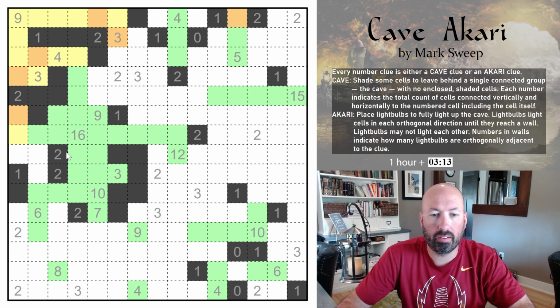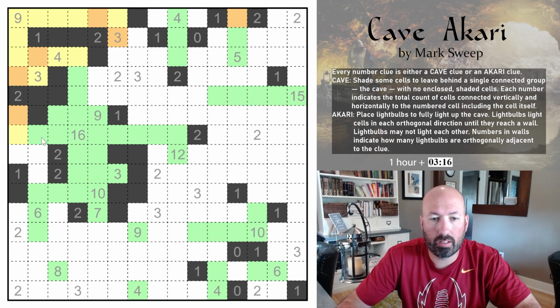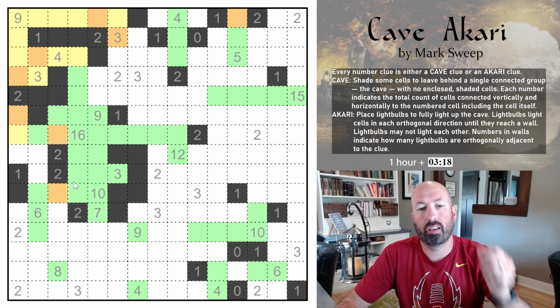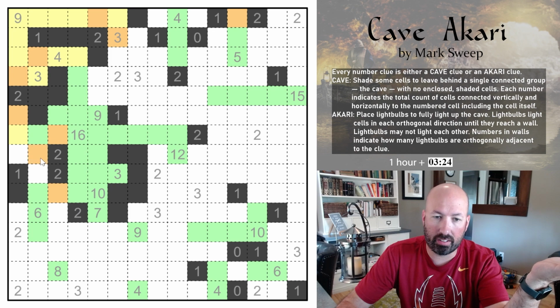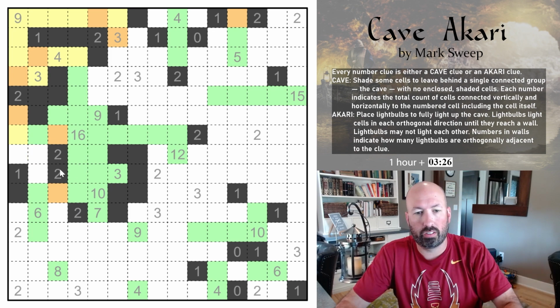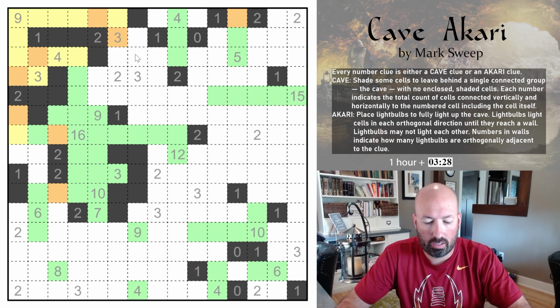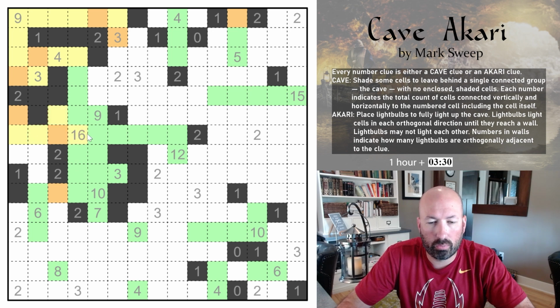But either way, there's going to be a light at the ends, which is pretty easy to see, actually, because the 2, if it doesn't have a light at the end, it's got to have it on both sides, which would break the other 2. But we know there's lights at the ends.